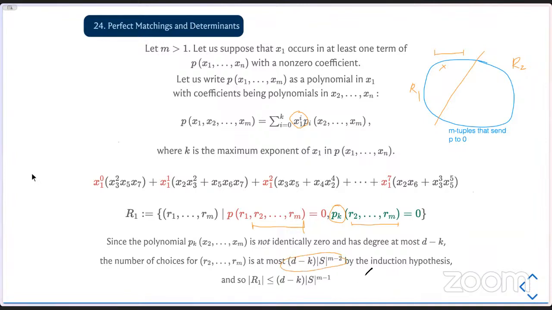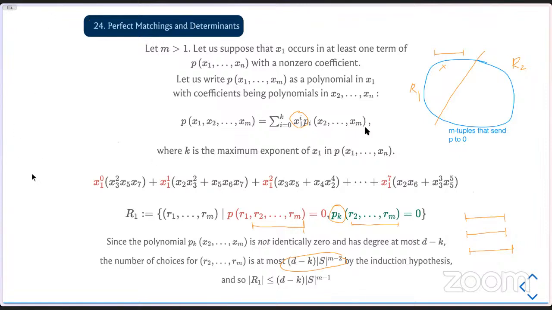So we have all of these places which qualify. And now each one of those I can extend to a full m tuple in potentially size of S many ways, because now I have these many choices for the last m-1 coordinates that come from the induction hypothesis.